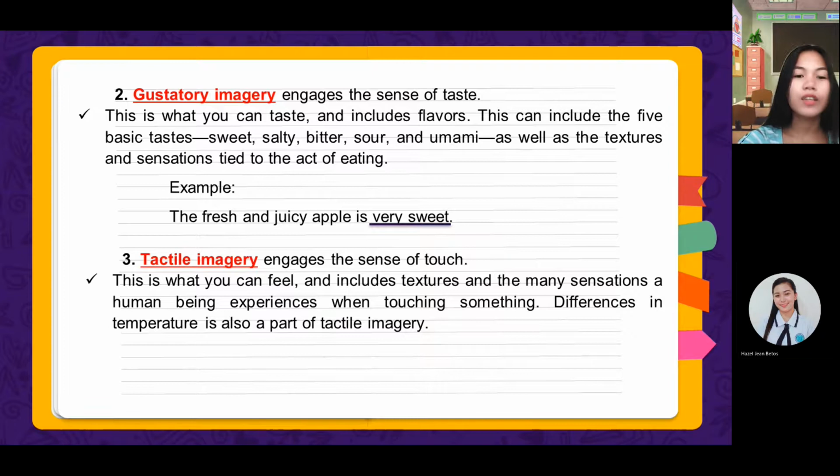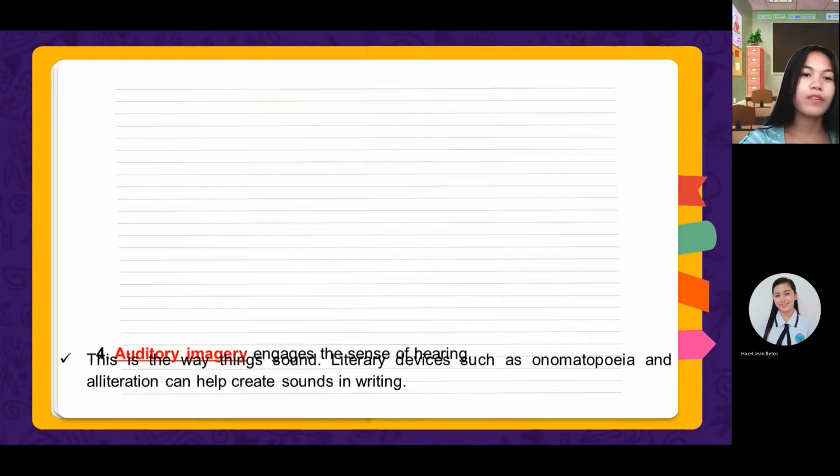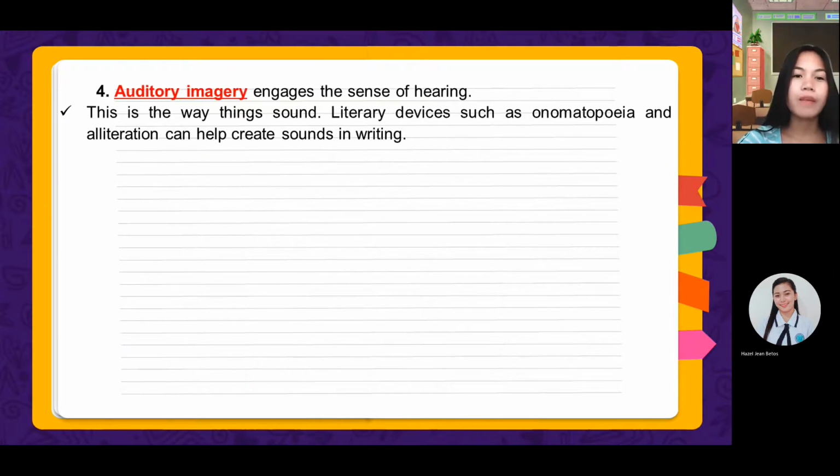Let's look at this example. Alvin, please read. All right, what makes this belong to the sense of touch? Because of the pinching of cheeks. Excellent idea.